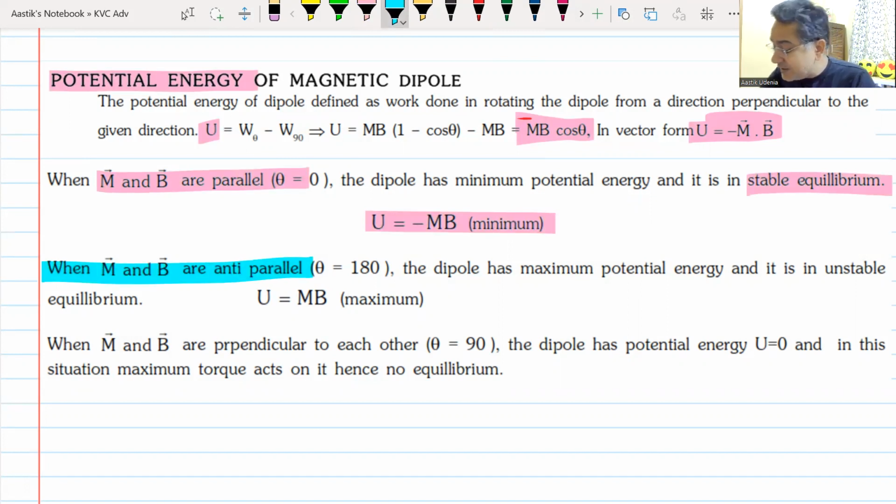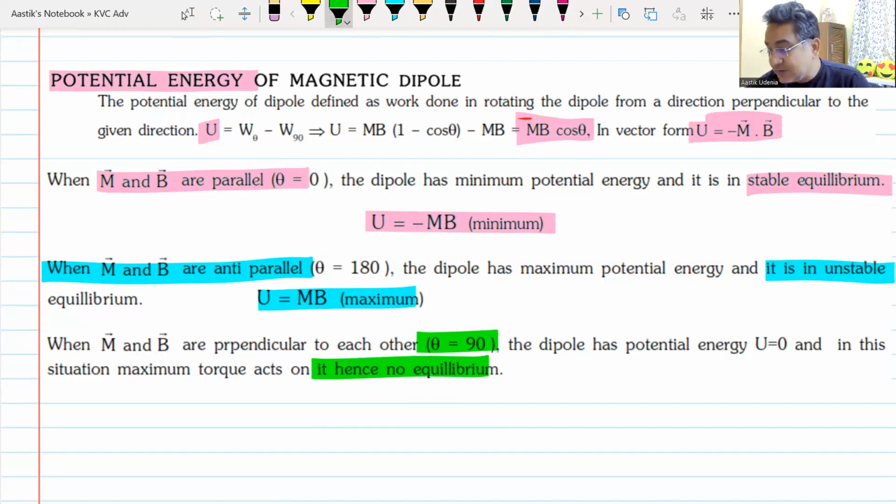If M and B are anti-parallel, the potential energy is maximum, and that is the condition of unstable equilibrium. If they are at 90 degrees, the energy is 0 and there is no equilibrium. Do you understand this? I'll give you 2 minutes. Do it fast.